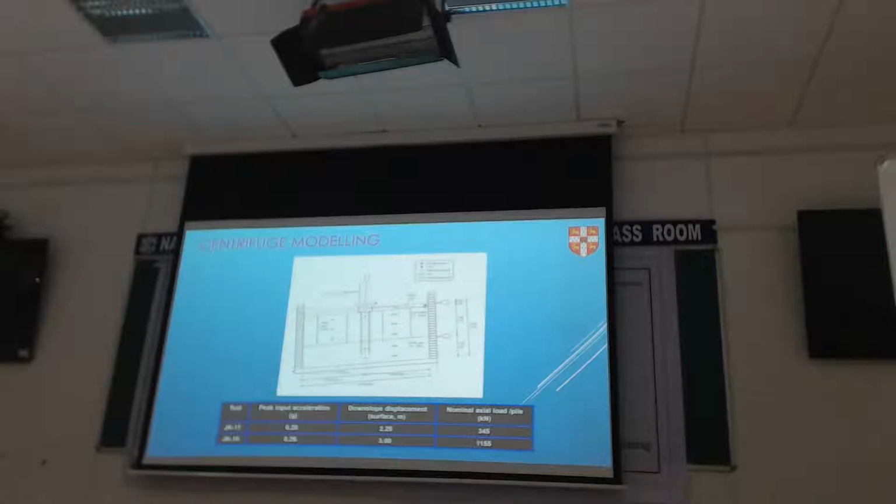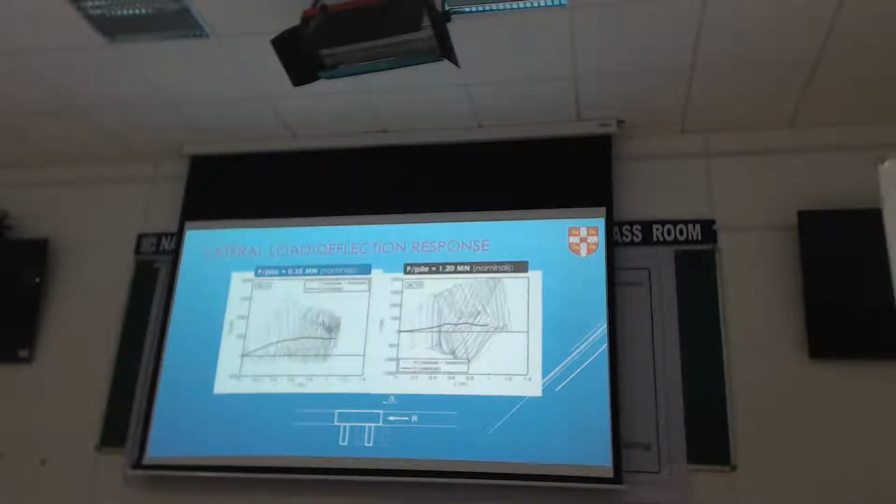In both cases, we're applying comparable accelerations: one is 0.2, one is 0.26, slightly bigger, but above 0.1 g, we know the ground liquefies. So that's irrelevant, really. But the important thing is, you've got two differently axially loaded piles.